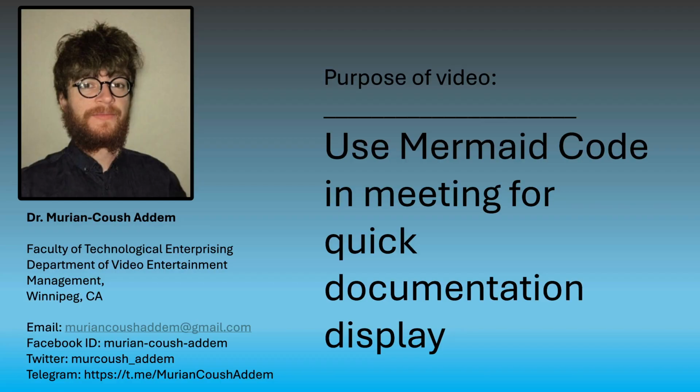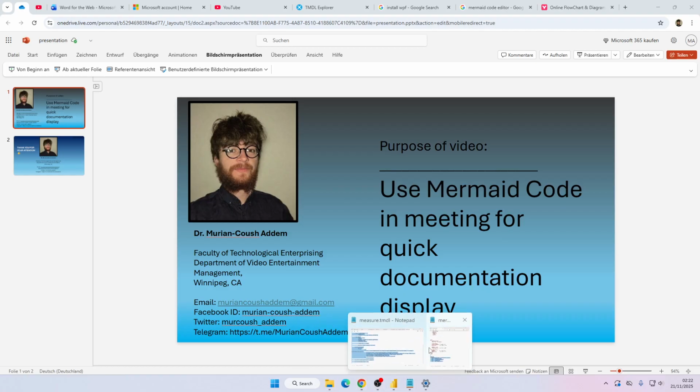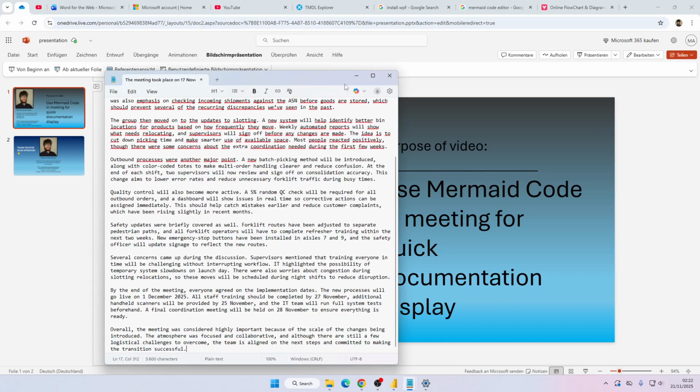So, what if you are in a meeting and you need to quickly show what you have documented? Boom. For example, you have a really long text. Let's imagine you have written something like this here.